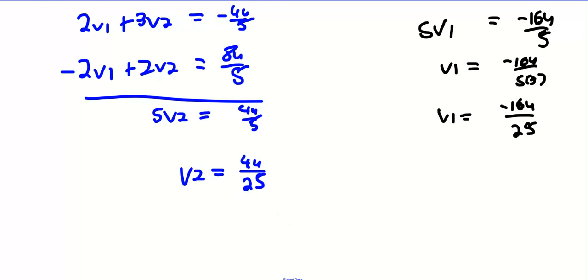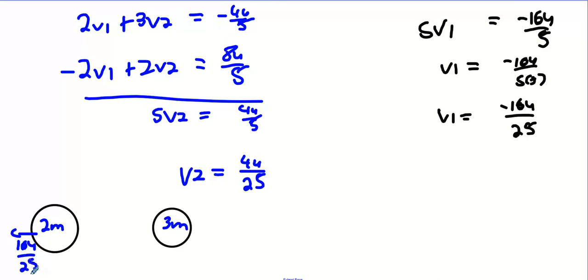Okay, so after collision, what's happening here is the 2m, this is the 3m. The 2m is going to the left with 16u over 25. The 3m is going to the right with 4u over 25.